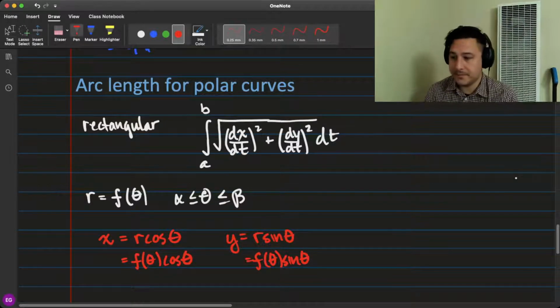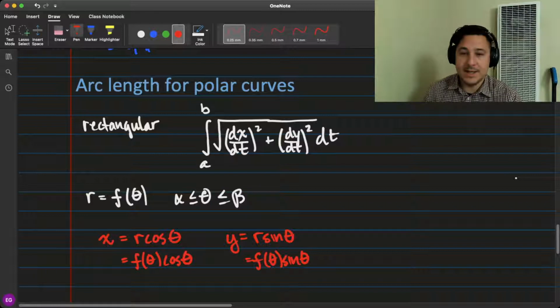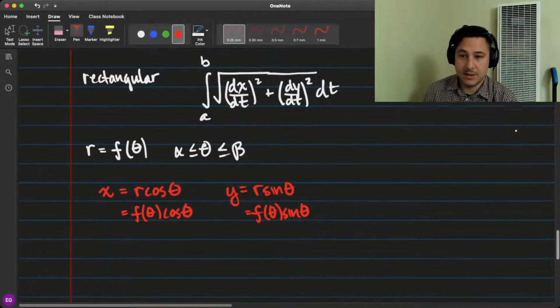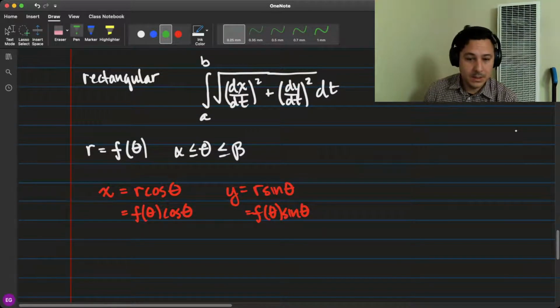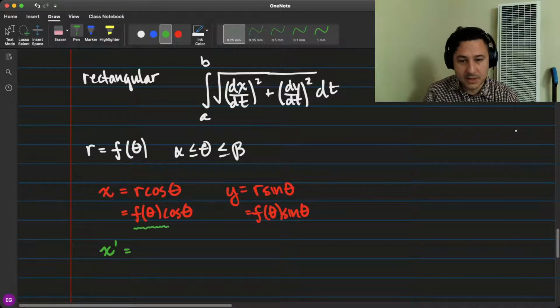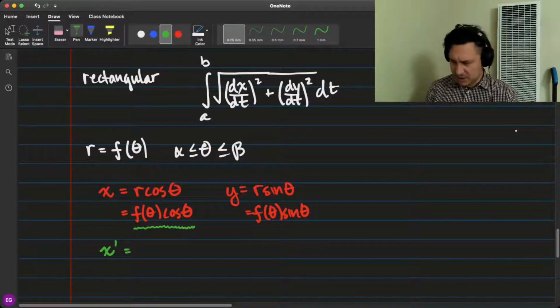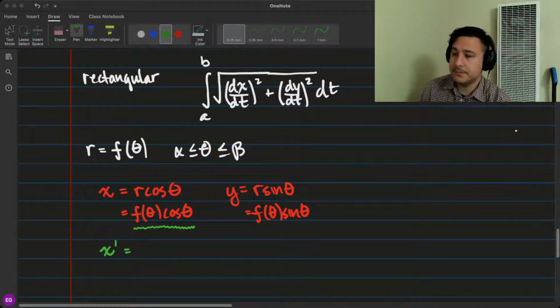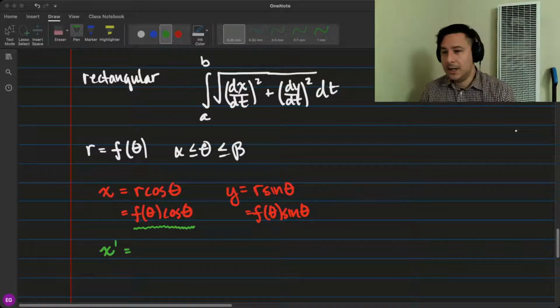In the arc length formula, we don't care about x or y, we care about their derivatives, so we need to calculate that. So x prime is equal to, what derivative rule are we going to have to use? Yeah, product rule.